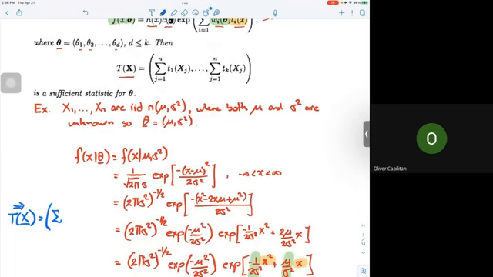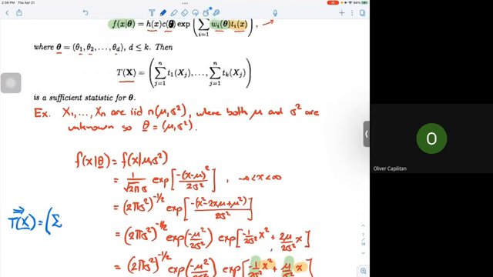X square dito, di ba? Sa baba, makita nyo? Ito, X square. So we have now the summation of X sub i square, and then i natin is from 1 up to n. And then the other one, k natin, 2 naman. So meron tayong k equal to 2. What is the other one? T sub 2 of X, X lang to dito. So big X lang.